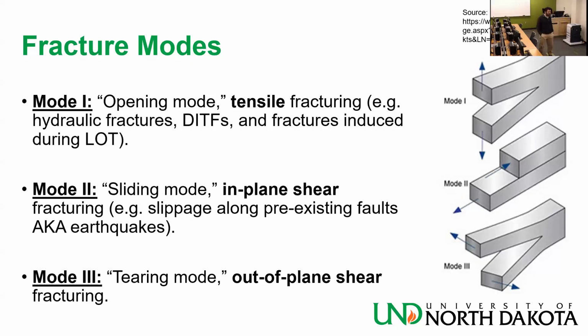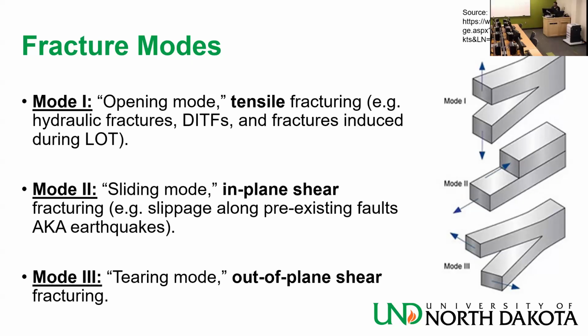The answer would be, I mean, you don't know it yet, but when we do microseismic, we detect mode 2 fractures. We don't detect mode 1. So if hydraulic fractures are mode 1, why do we use microseismic? The answer is that no fracture is purely mode 1, no fracture is purely mode 2, no fracture is purely mode 3.